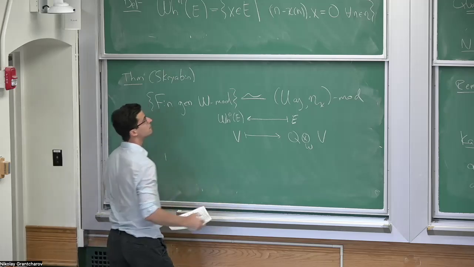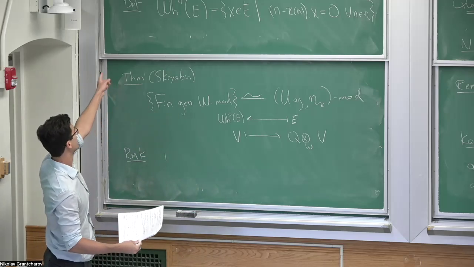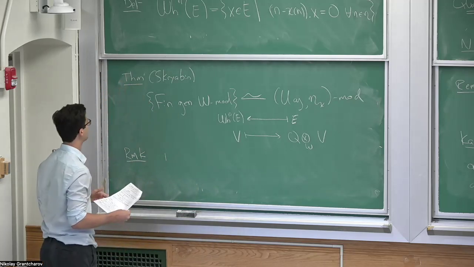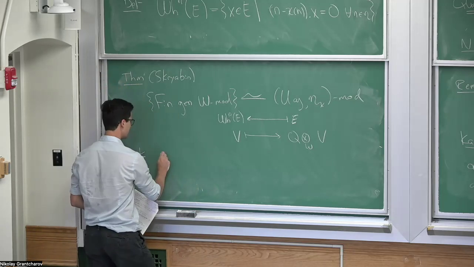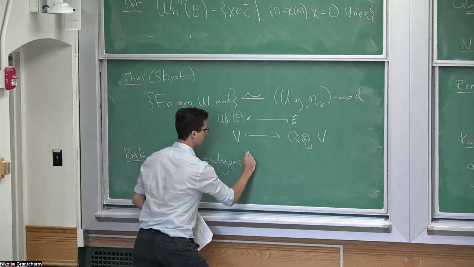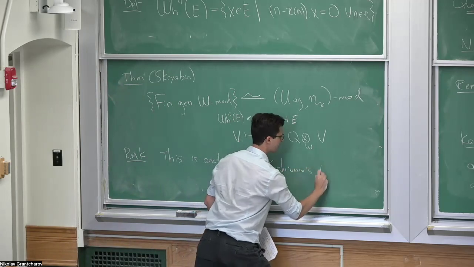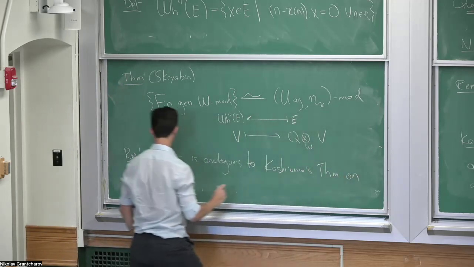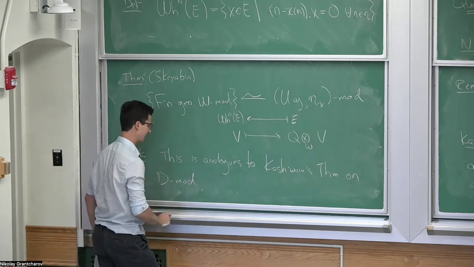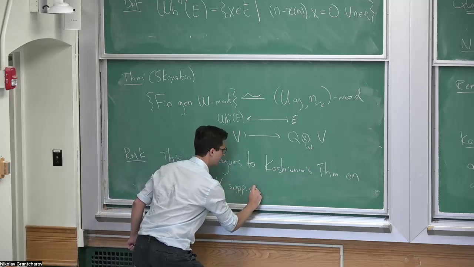So the action on Q is adjoint, or is it like... Yeah, UG acts on the left on UG by adjoint. So not regular.